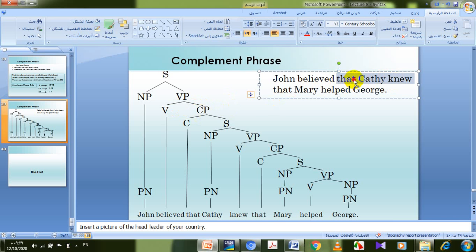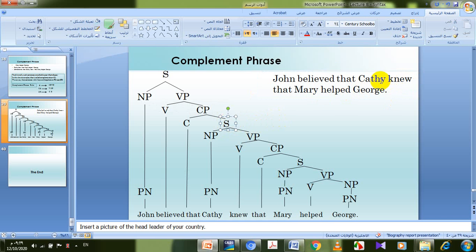Then the complement phrase is divided into that, which is a complementizer, and Kathy knew. Kathy knew that and so on is a sentence.